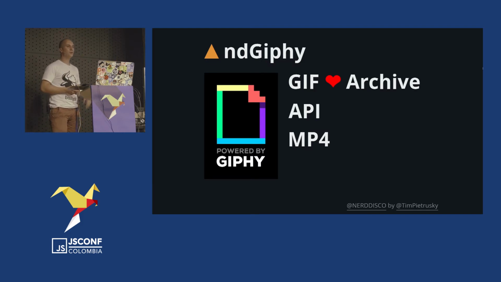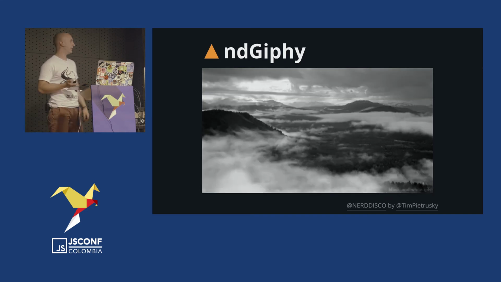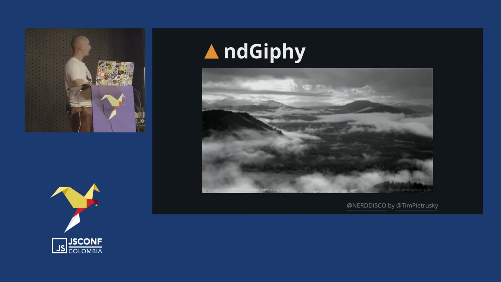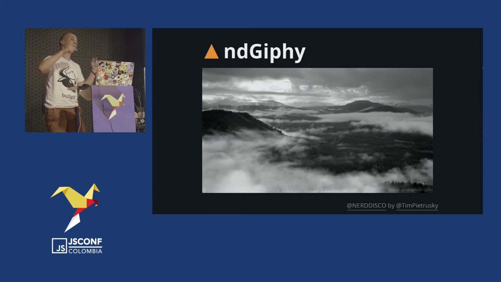And I'm using this MP4 in the HTML video element to draw the video on canvas. And this might look like this, just an awesome GIF, and you can draw it on canvas if you want, but only because it's a video.